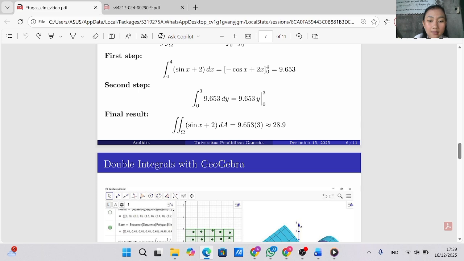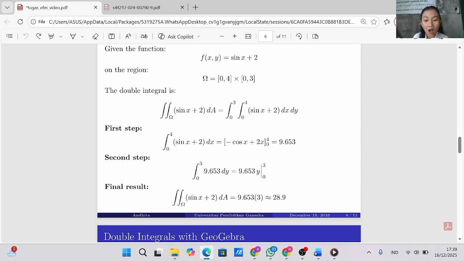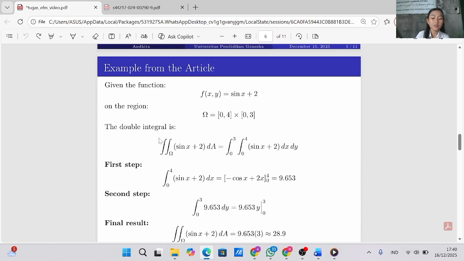Then the integral from 0 to 3 of 9.653 dy equals 9.653y, evaluated from 0 to 3. After completing both steps, we obtain a final value of approximately 28.9. The value represents the total volume under the surface.